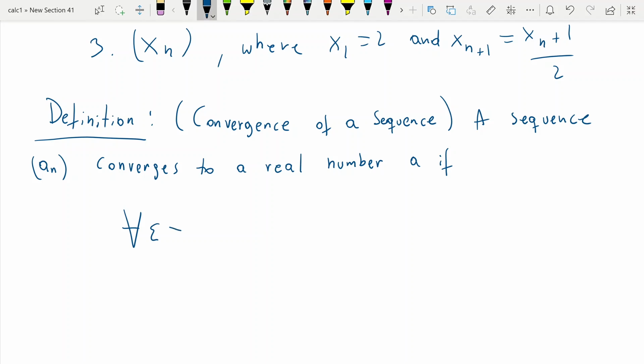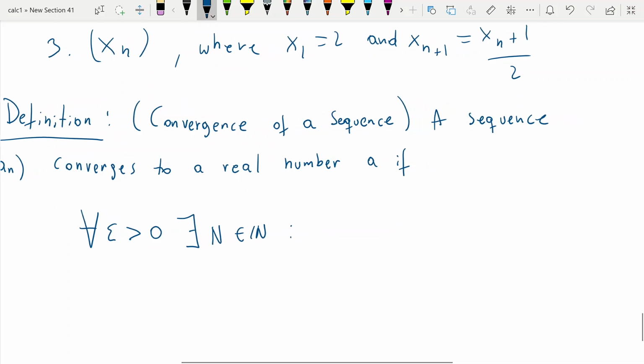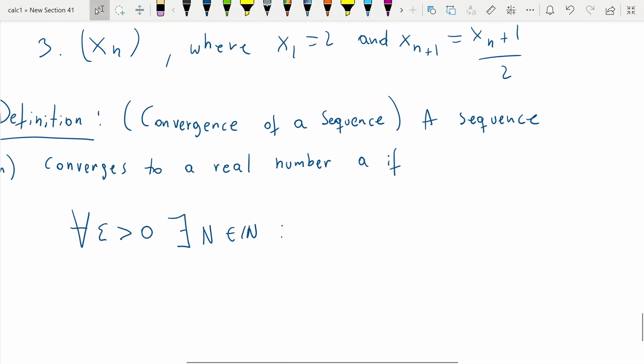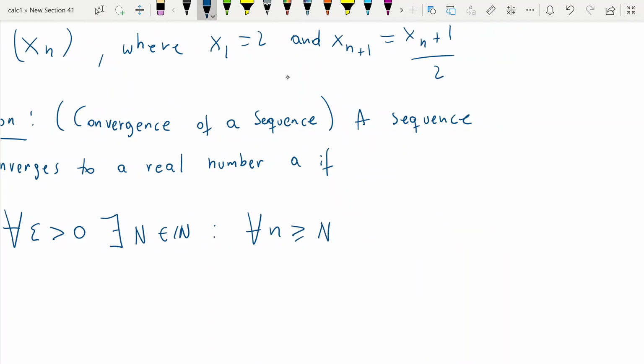For every epsilon greater than 0, there exists an N in the naturals such that, and this is what you need to show whenever you want to show that something converges to a given number, such that for all n greater than or equal to this N here, we have that the distance between all the terms a sub n and a is less than epsilon.